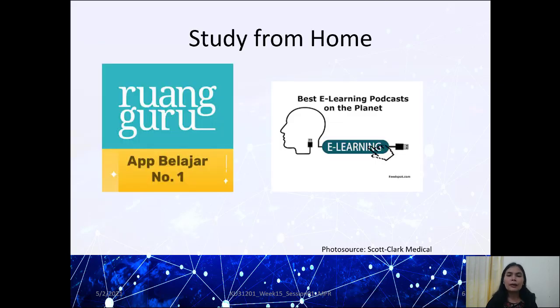Now we will talk about the topic of study from home. As you can see over here, there's one application that is quite prominent right now, Ruang Guru, and the other one is e-learning podcast. These platforms are quite prominent right now, maybe not for higher education students, but for junior and senior high school students.